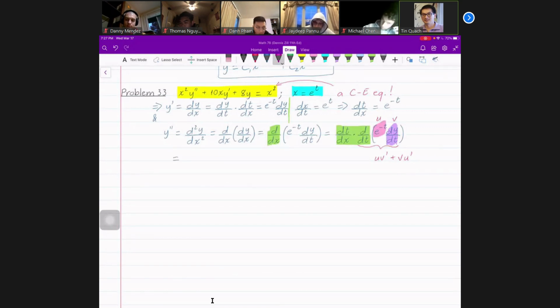And this one right here is e to the negative t. So what I have is e to the negative t, right?